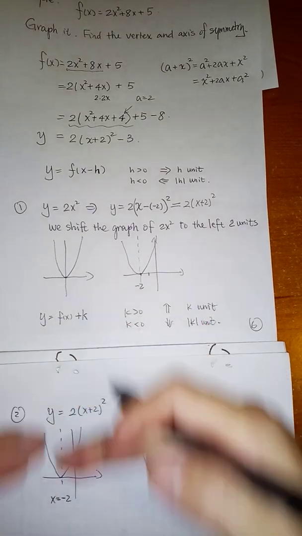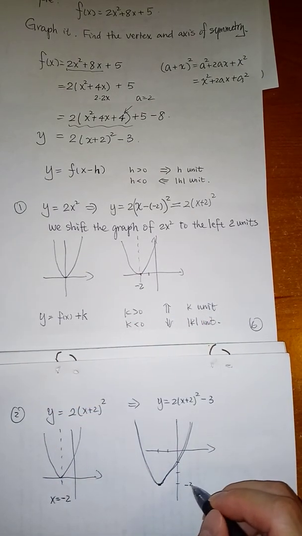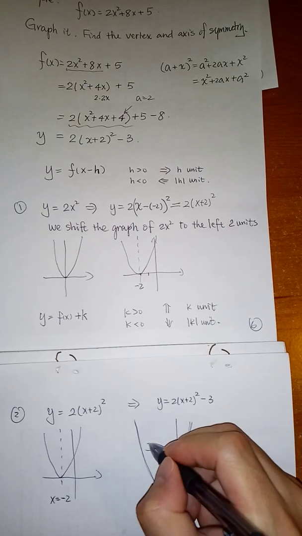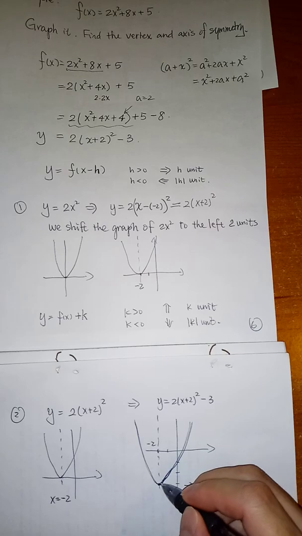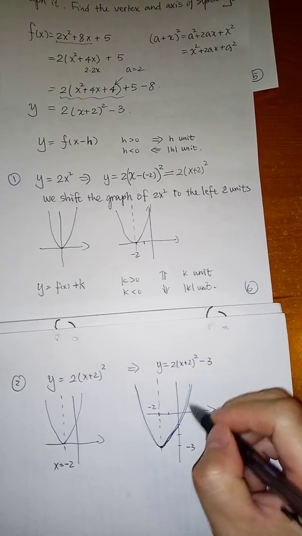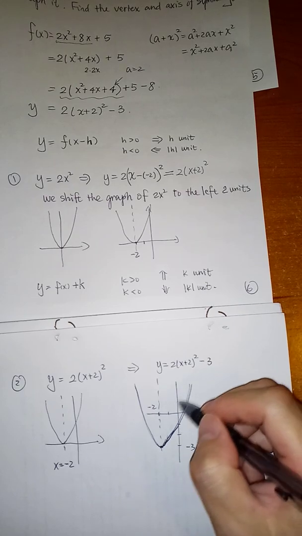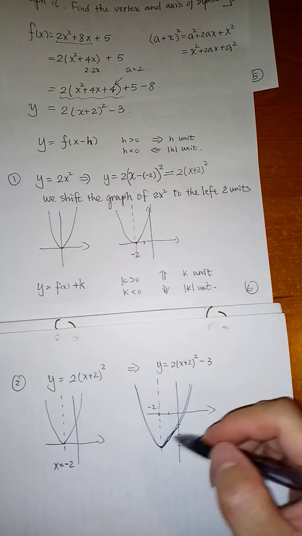Just move this parabola down 3 units. Move down 3 units, negative 3. This is negative 2. Okay. Sorry, it's very huge. Whatever. It's a demonstration. Okay, so that is the process.